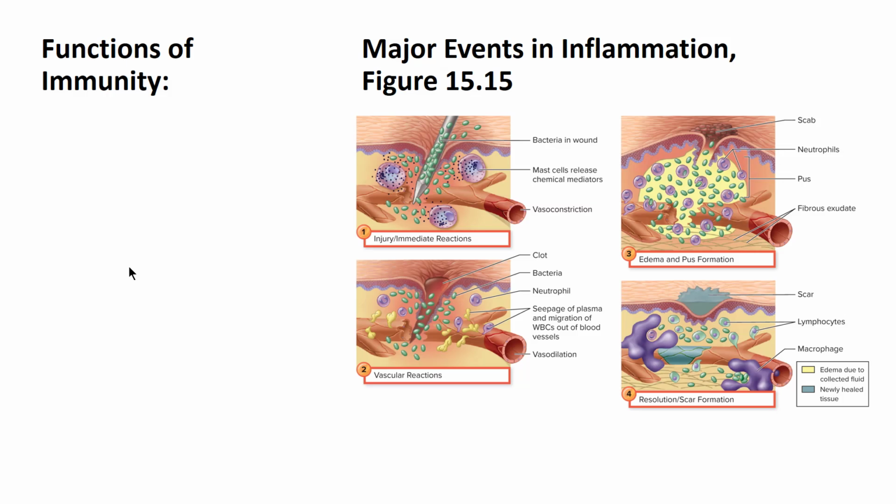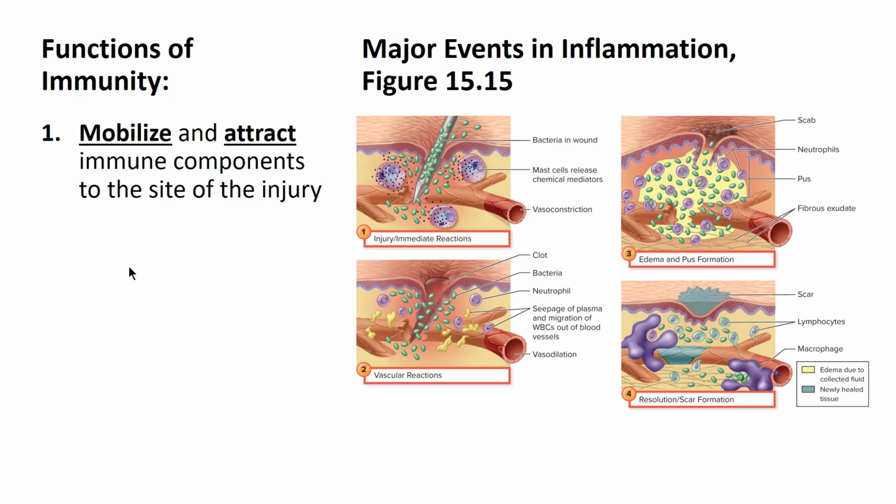Now, functions of inflammation, that's a typo there, are to mobilize and attract immune components to the site of the injury, number one. So basically, something's wrong, let's get the defense cells to that area.